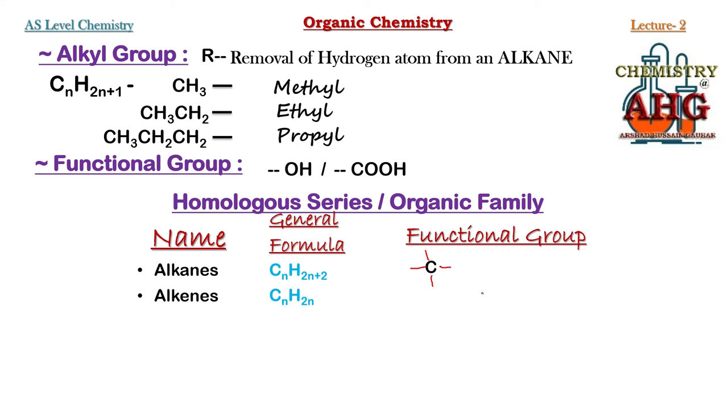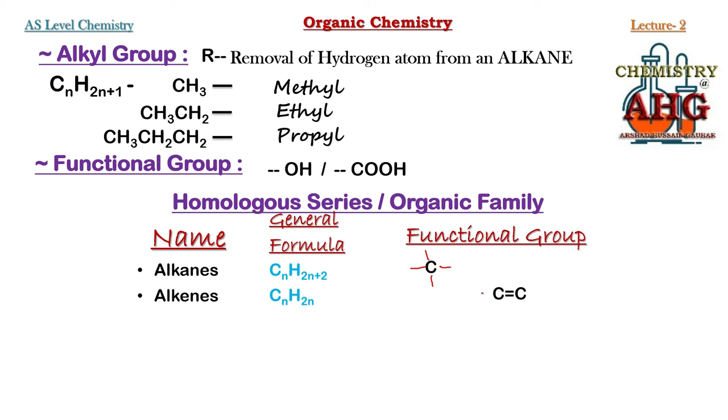What is the feature that is different compared to alkanes? Alkenes must always have at least one double covalent bond. Although in your A level syllabus we may come across alkenes having more than one double covalent bond, what is a must is that an alkene has at least one double covalent bond.